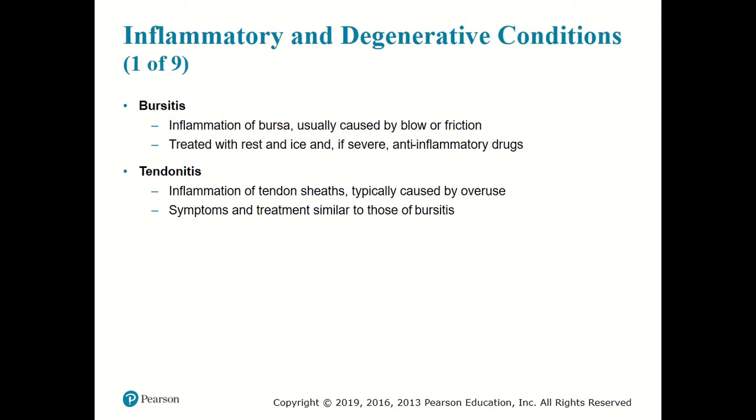All right. Bursitis, and we talked about this in part A, is the inflammation of the bursa, right? Usually it's because of friction or trauma, but as I mentioned, we also have overuse of the joint.